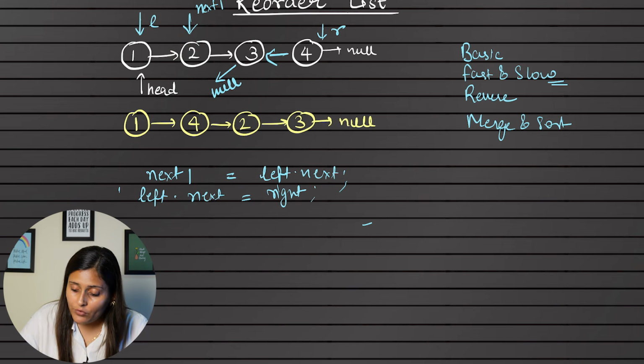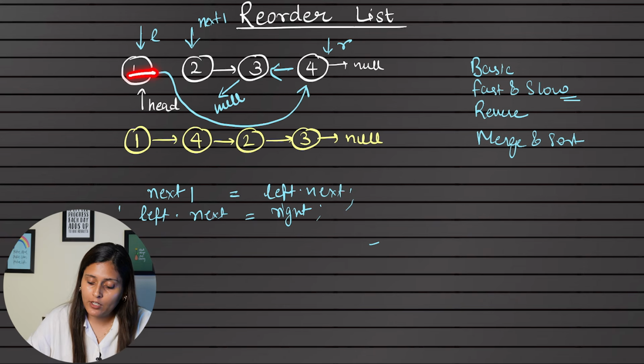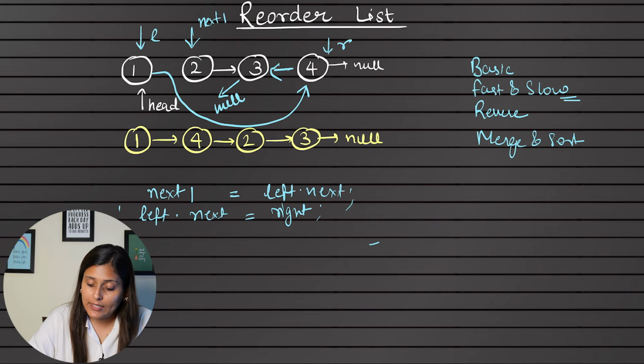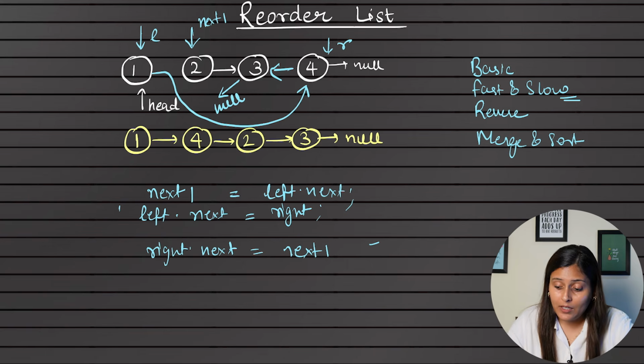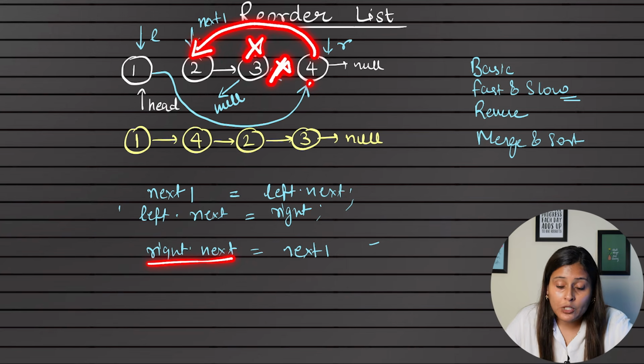Done. Now what will happen? This has been disconnected, and now this will get connected with 4. So can I say 1, then 4, then this. But 4 next we have to connect with 2. Means right dot next we have to connect with 2. And where is our 2? Can I say next one? Yes. But again, if we disconnect this and connect its next to 2, then we might lose 3.